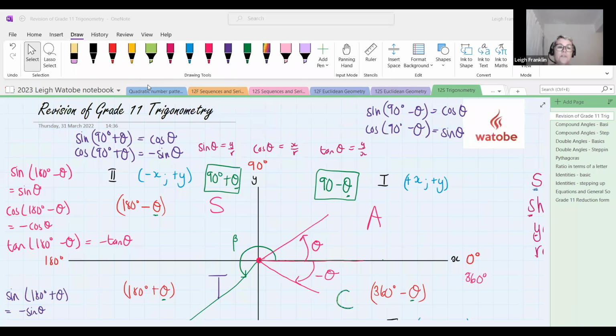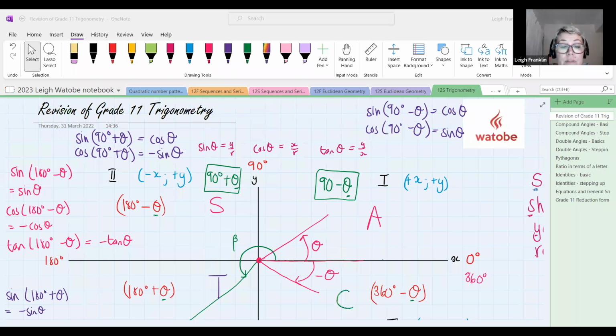So if you've got the sine of 180 minus theta, it reduces to positive sine theta. If you have the sine of 90 plus theta, it's going to change to cos theta. That's why we call them co-ratios. Co as in go together.